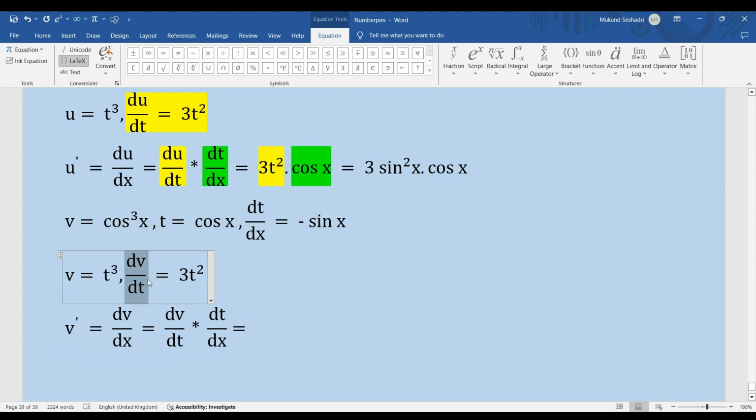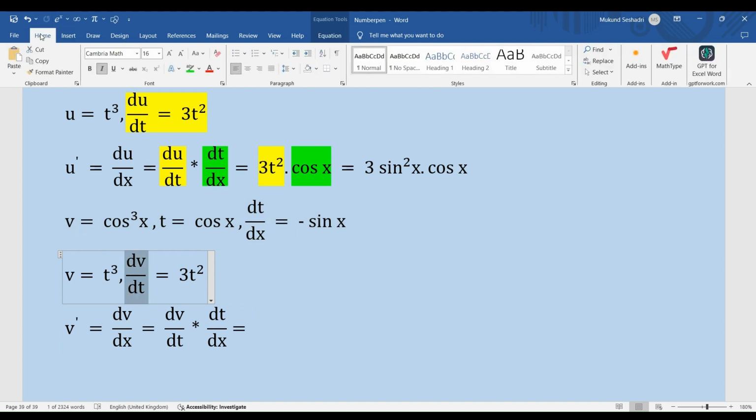So I have my dv by dt, let me call it with a yellow color. So I have it as 3t square. Then I have my dt by dx, which is established in the earlier step, and let me highlight it in green. So my dt by dx is minus of sine x, right? So my final answer here is minus 3t square sine x, as in my final answer for v dashed.